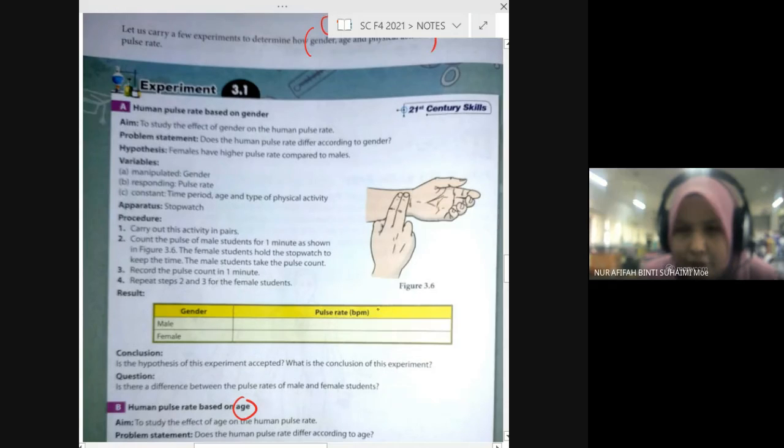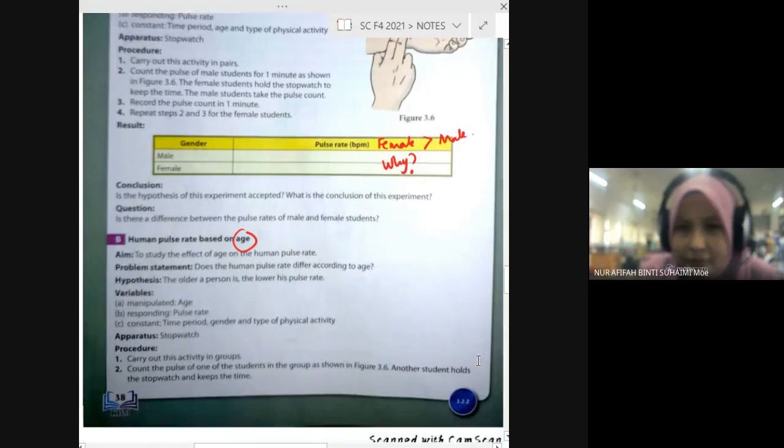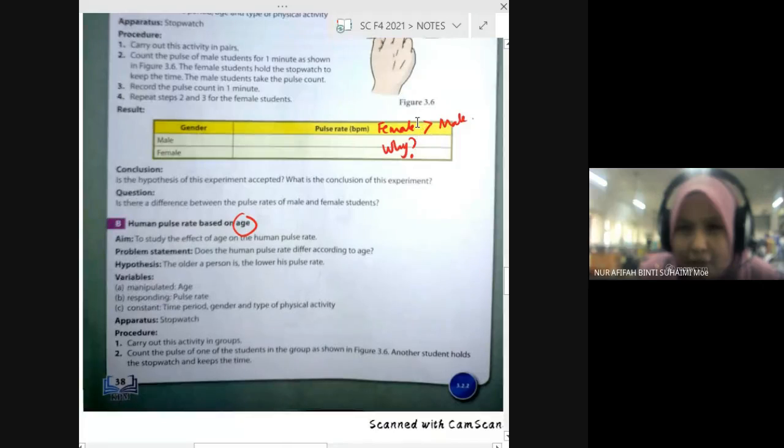What is the reason? This is because the size of the female heart is smaller than the size of the male heart.